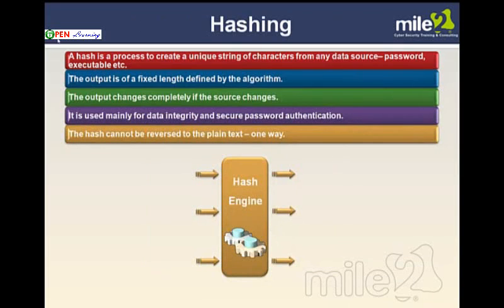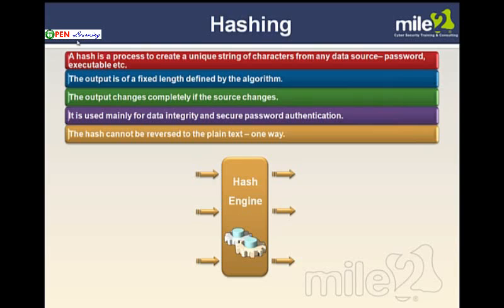Now, as far as another topic goes, we have hashing. Hashing is considered to be a one-way process. You're creating a unique string of characters from whatever your source may be. It may be a program, it could be passwords, it could be a hard drive used in digital forensics. And with this, you may have a variable input.